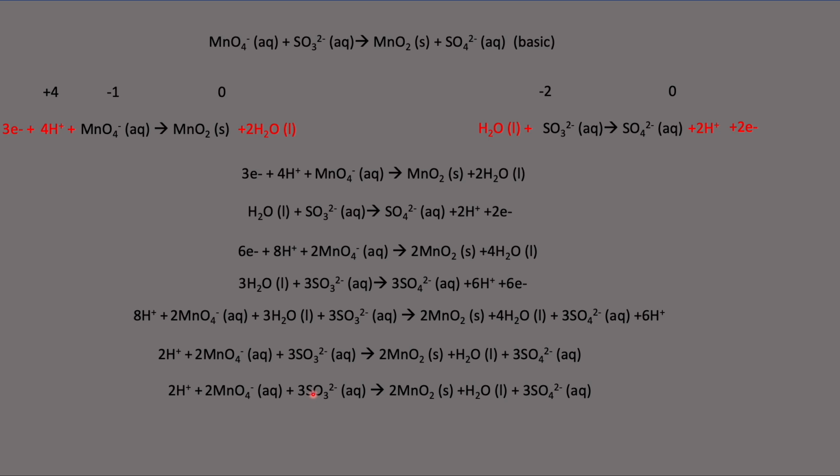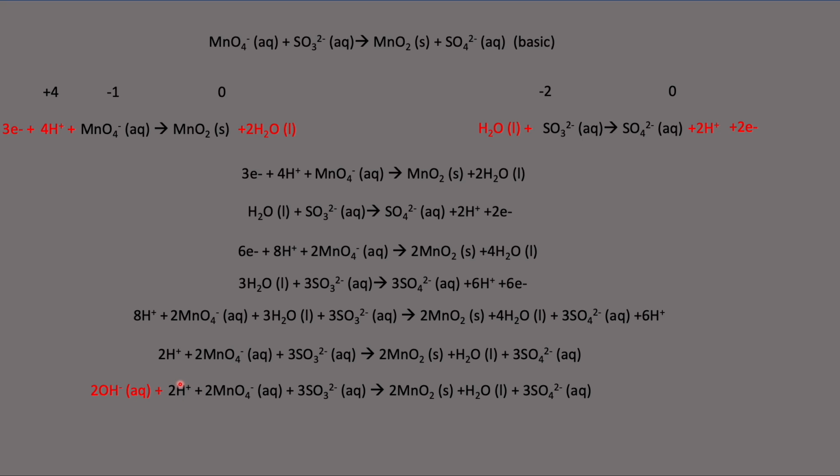Okay. So what we have here is essentially the reaction that we want to now turn into a basic reaction. So what I want us to pay attention to is the fact that we have 2 H plus ions over here that we need to cancel out because we are in basic conditions. So what we do in basic conditions at this point is we add hydroxide ions, which is what you see here.